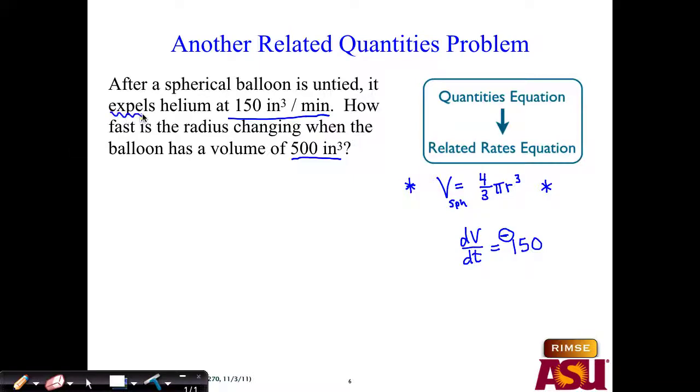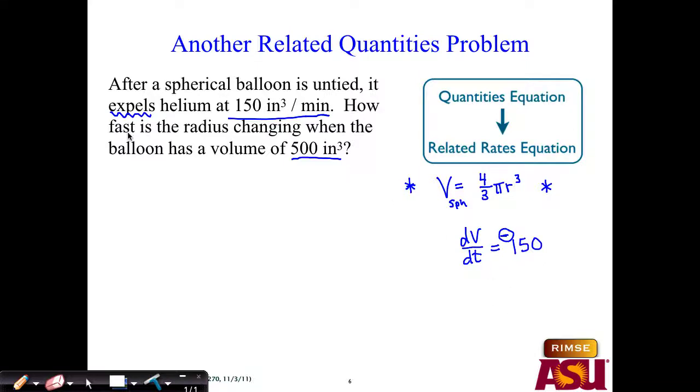The balloon is letting go of the gases inside, so it's shrinking. So if you happen to leave this out, your answer would also have a missing negative sign, and you might not even notice it. You might still interpret it correctly, but just technically speaking, this is our volume shrinking. So I want to talk about my volume decreasing at a rate of 150 cubic inches per minute. So units on this are cubic inches per minute, but just the value is negative 150.